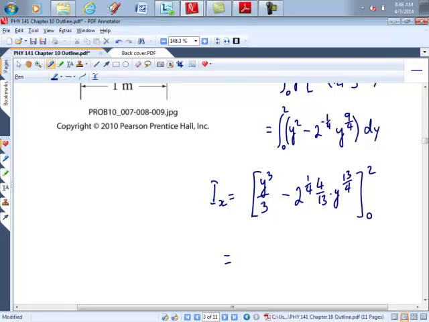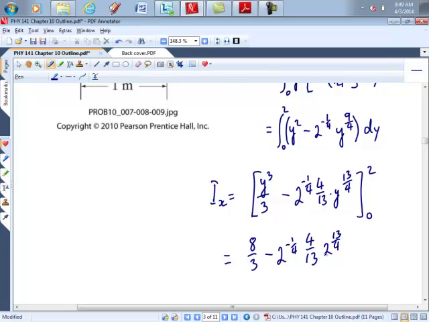So that's going to be 2 cubed over 3, which is 8 over 3, minus 2 to the negative 1/4 times 4/13 times 2 to the 13 over 4.